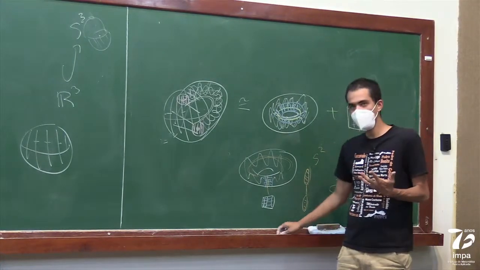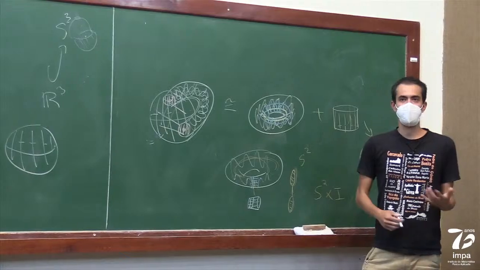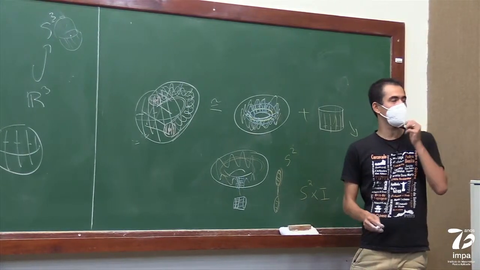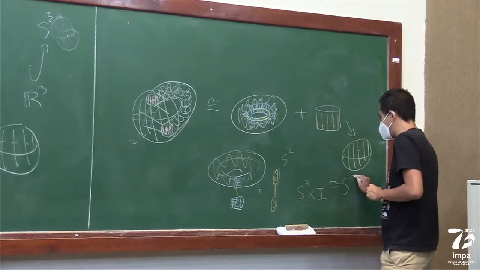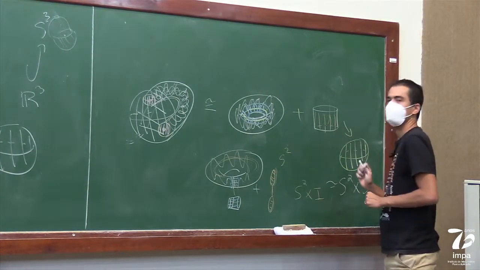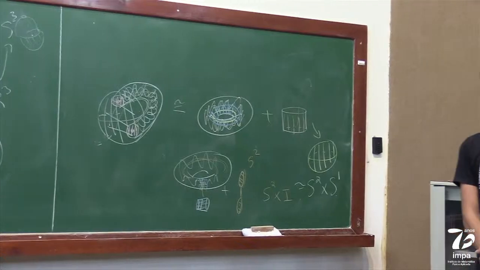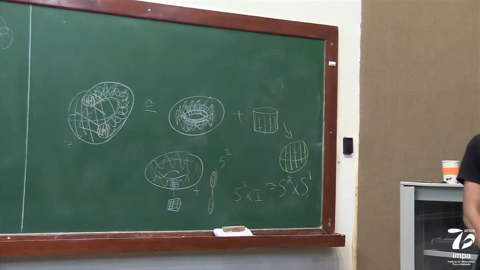So maybe this requires a little imagination, and I can try to explain this again next time. We ran out of time. But here, what you really get is an S2 times S1. So that's what you get.